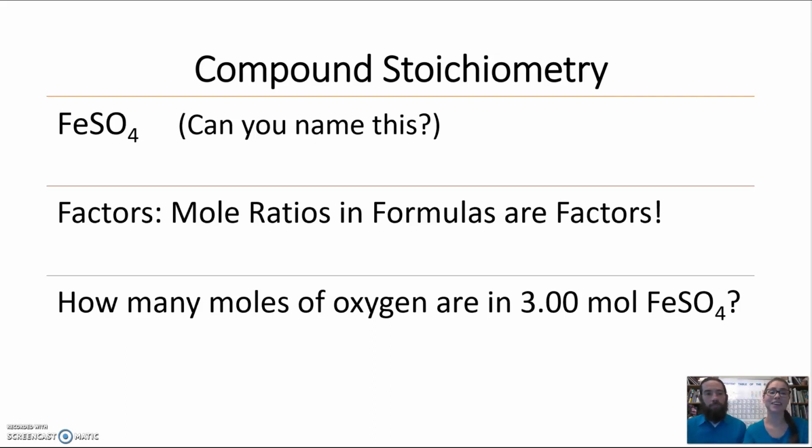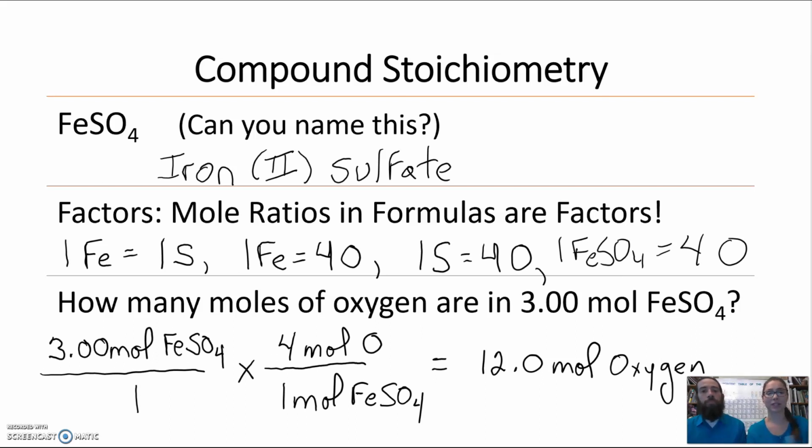So we're going to have iron(II) sulfate, and we want to think about what the mole-mole ratios are within this formula. There are many, actually. If you look at just the formula, you can see that there's 1 iron for every 1 sulfur, and we have 1 iron for every 4 oxygen. This is actually an oxygen, not a 0.